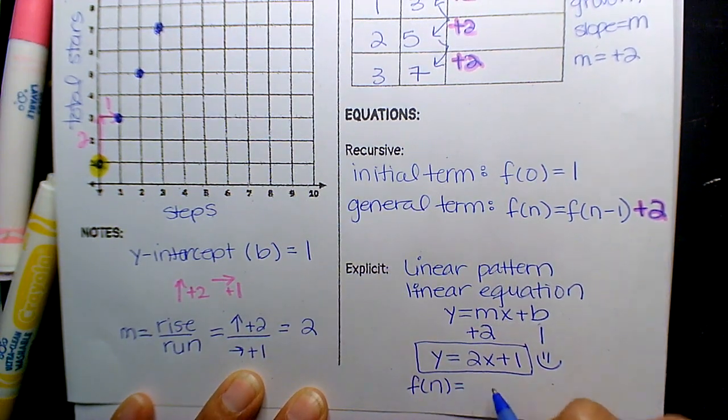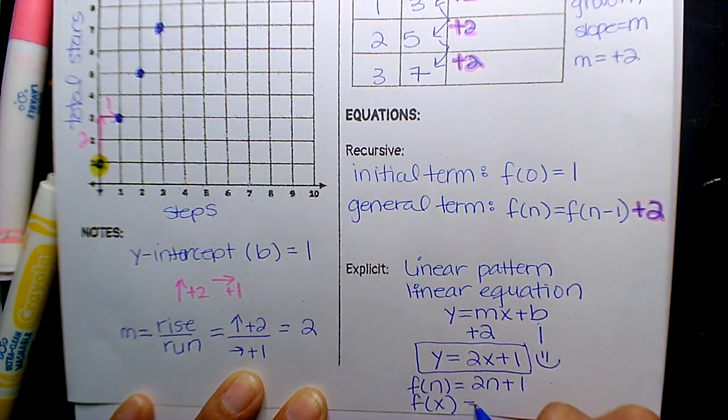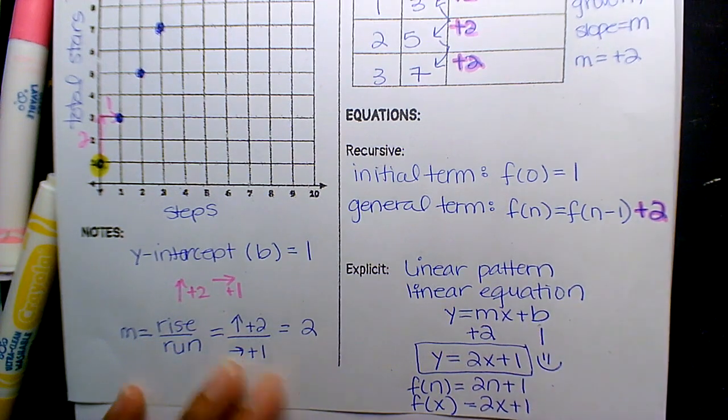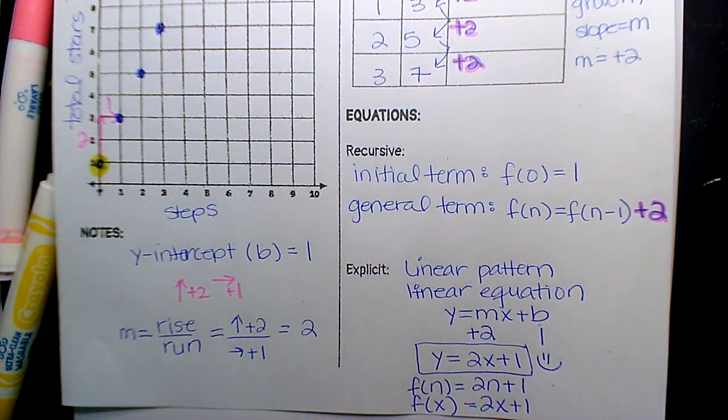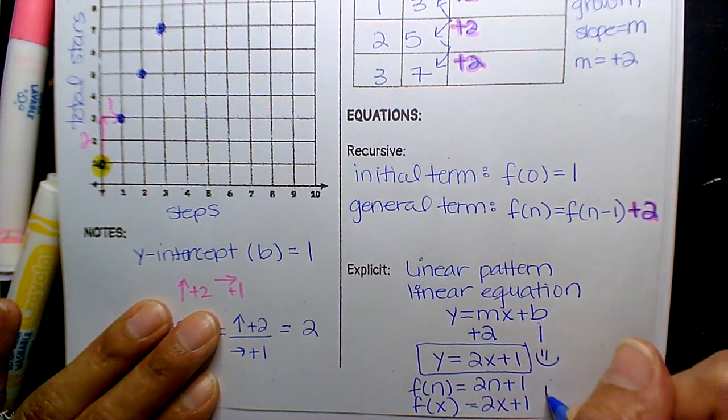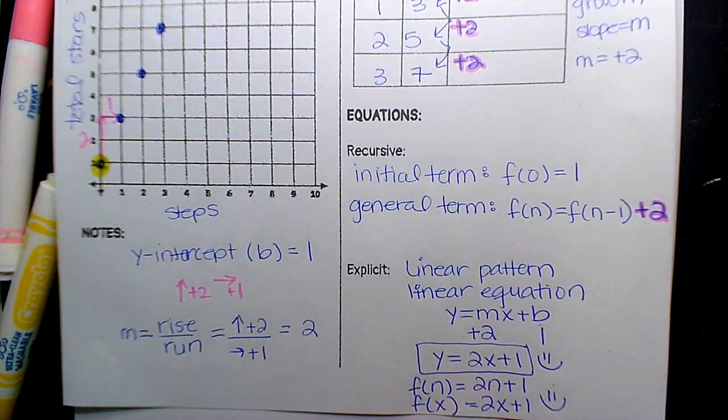So you can give me the n, 2n plus 1, or you can give me the x, f of x. Ideally it's these two, but as long as you're solving it correctly, giving me the slope and the y-intercept, it's fine. Whether you use the n or the x, as long as you know how to process it, I won't criticize which of the 3 you give me.